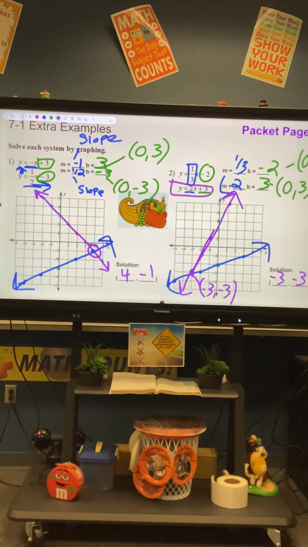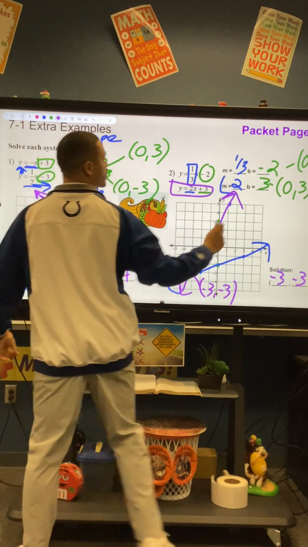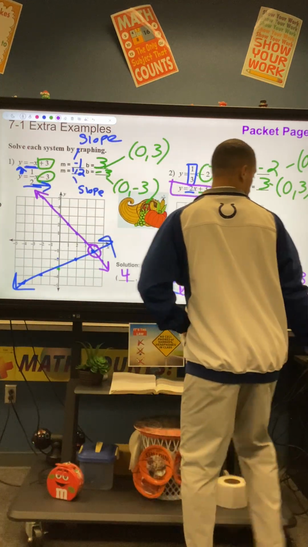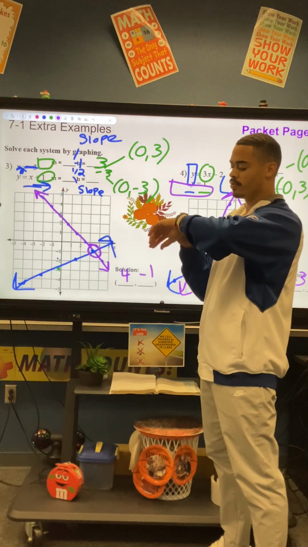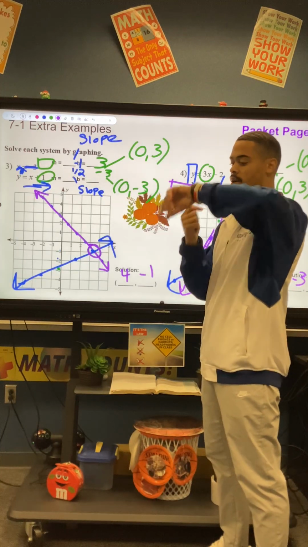Now I think my examples up here on my board are different than what you have in your paper, but we have about 5 minutes left in class. So take about 3 of those minutes to do those next 2 on your own. Don't worry, I got you on that timer right here.